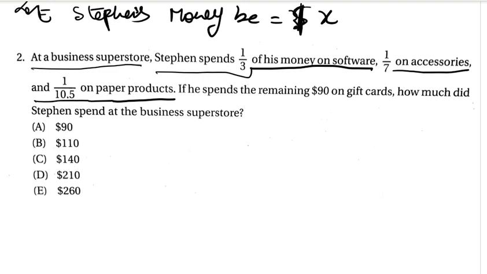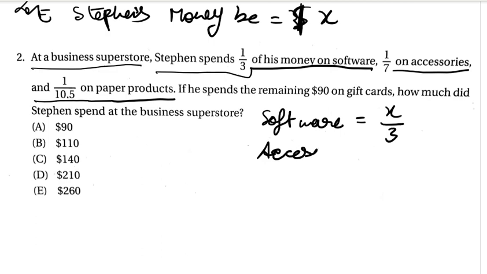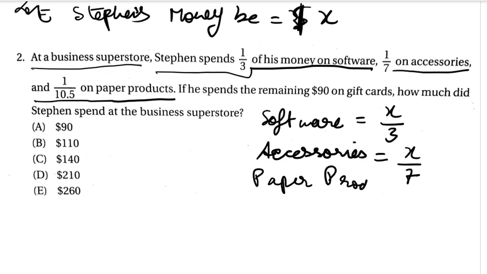Now, if he spent 1 by 3rd of his money on software, so you write software is equal to X by 3, correct? 1 by 3 of his money means 1 by 3 of X, that's X by 3. Then accessories is 1 by 7, that is X by 7. Then you have paper products, PROD, is X by 10.5.